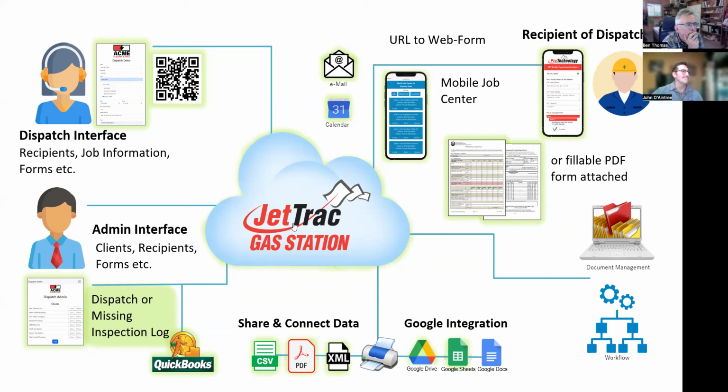If you want, we can give you the administrative tools and you can do it yourself, but typically we'll do that for you. As I was mentioning earlier, somebody at head office can dispatch out the 30-day walkthrough on the 28th of every month.